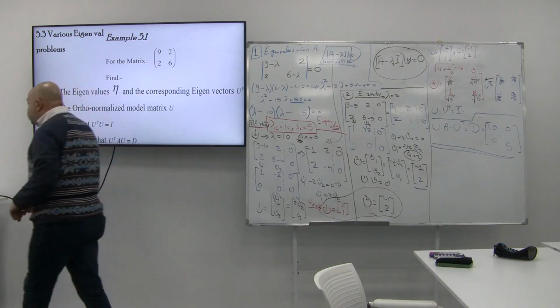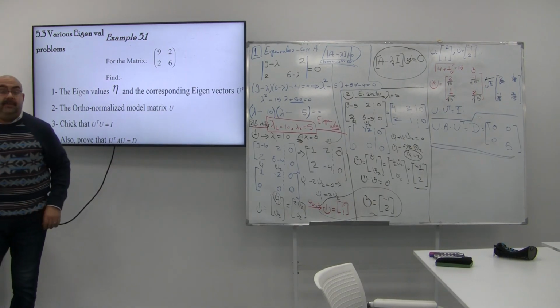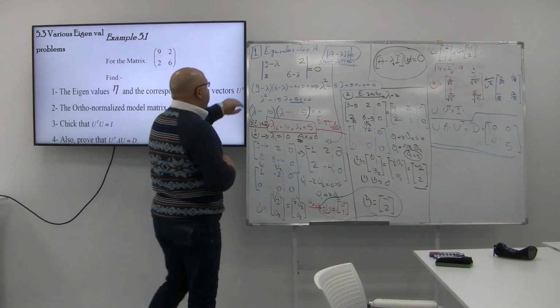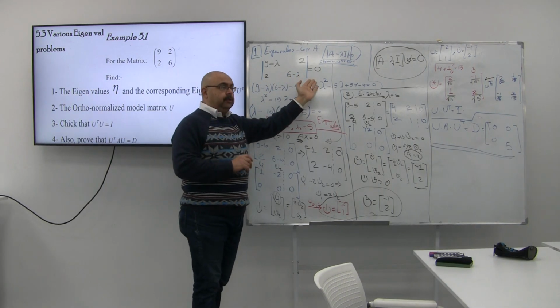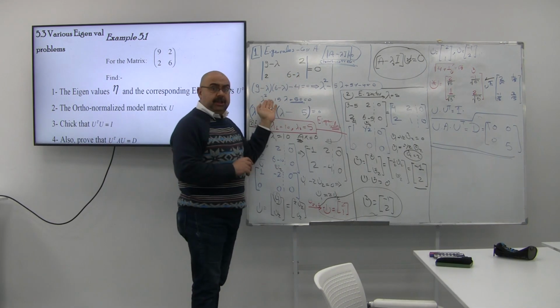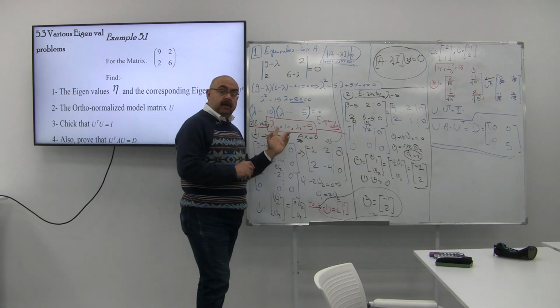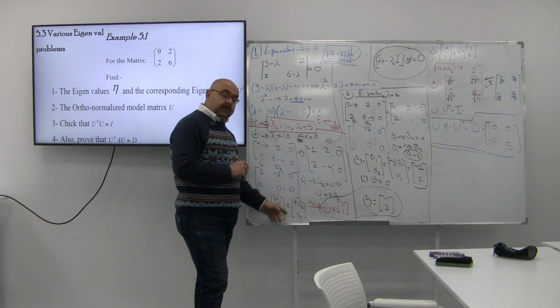All of these steps I will repeat once more for you on these slides. As you can see, we started with the characteristic equation. Try to put the determinant equal to 0, you will have a quadratic equation. Solve the equation, you will get two values of lambda. Corresponding to each one of these values, you will get an eigenvector.